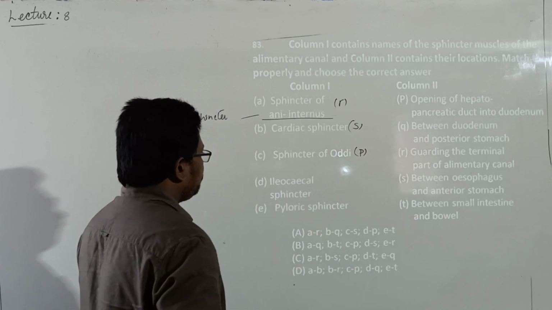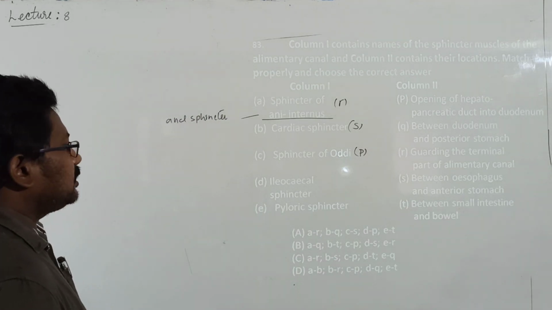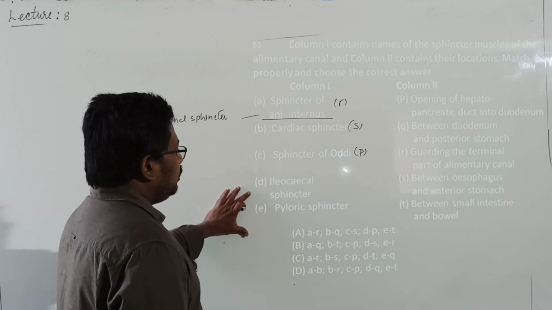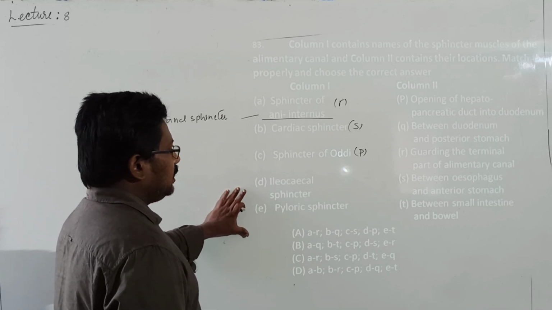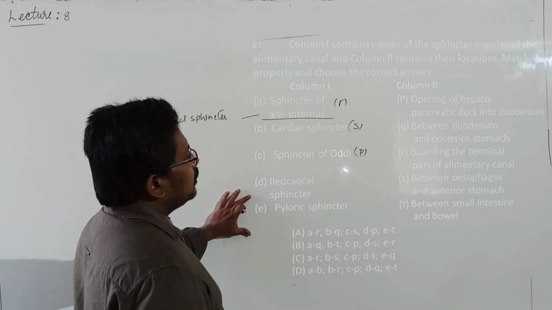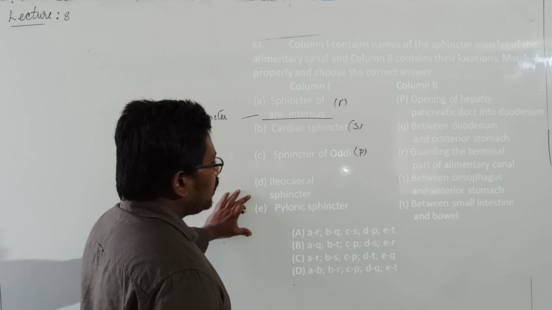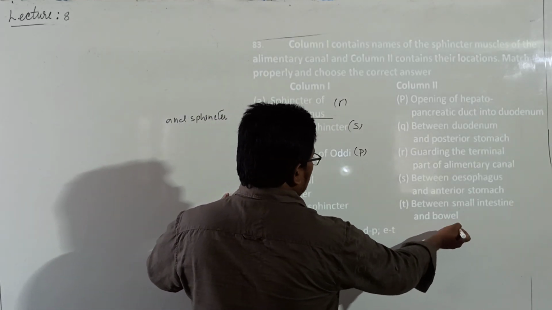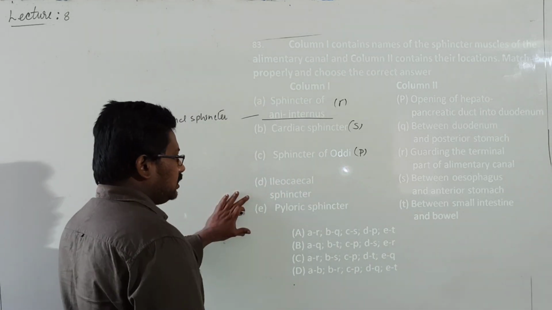This is P. Then the ileocecal sphincter is present between the ileum and the cecum, between the small intestine and the large intestine.